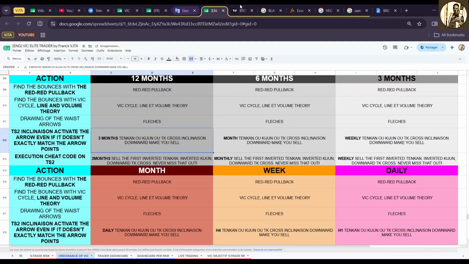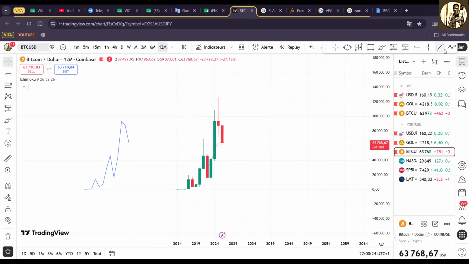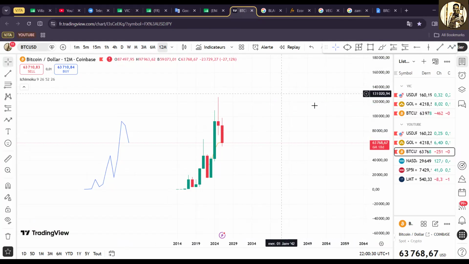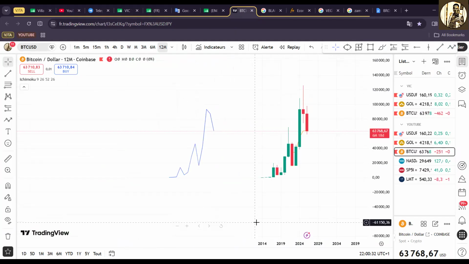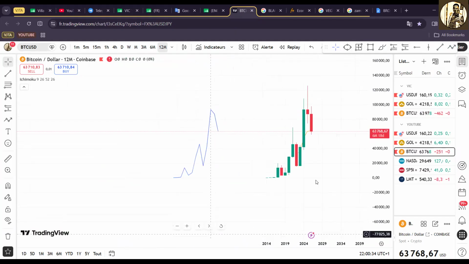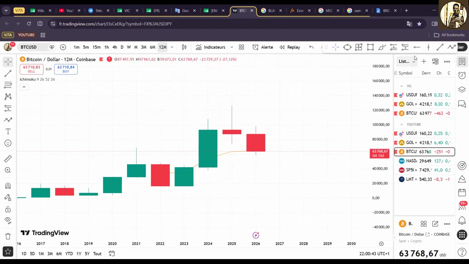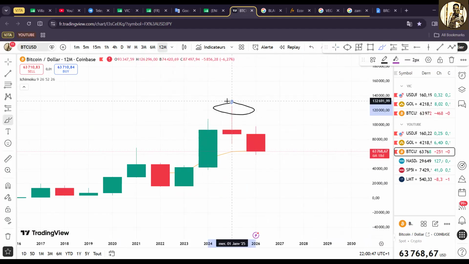Because as I said, the arrows that we are using are bouncing on some level of zones, and the red pullback is one of the first ones. So look at this. The price moved up until this level.